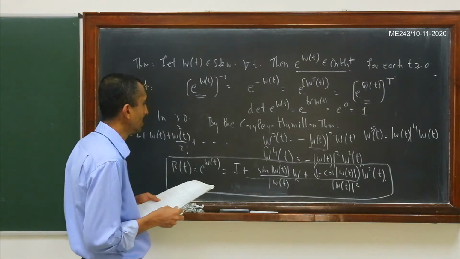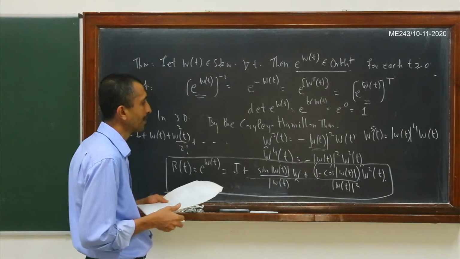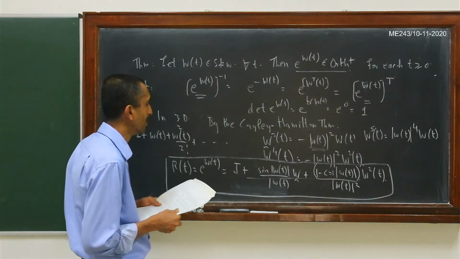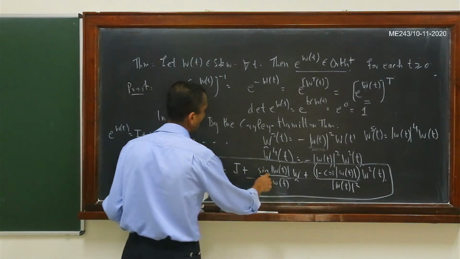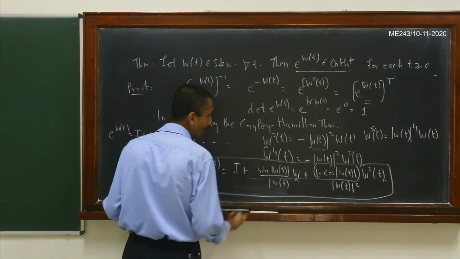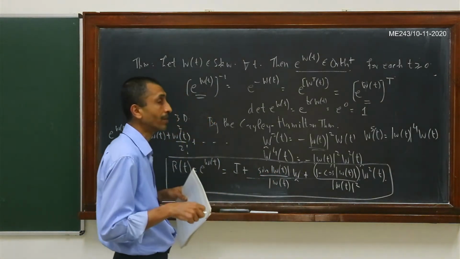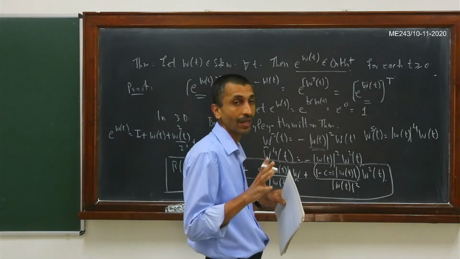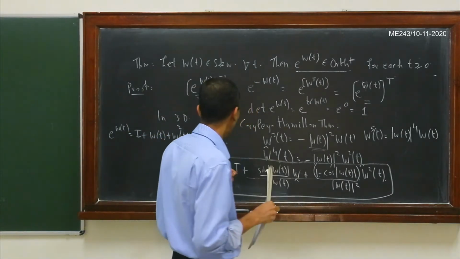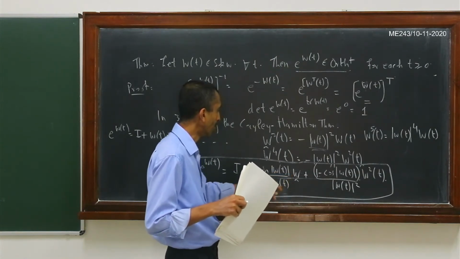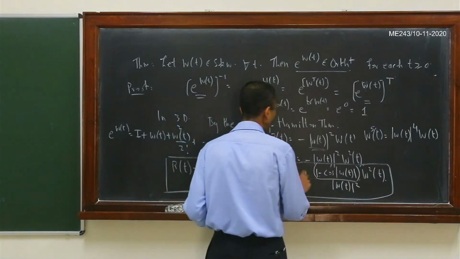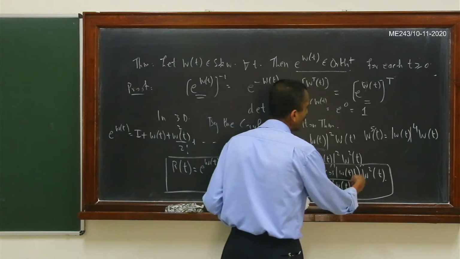So you can see that this formula is very similar to what we had derived earlier, right, where we had this representation with a sine alpha. This alpha is just w of t basically. So at that time it was not clear how I had obtained that particular representation, right? I had I plus sine alpha divided by the norm of this w of t times w and 1 minus cos alpha and so on.